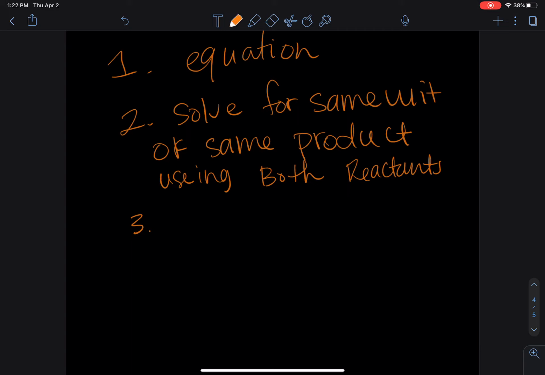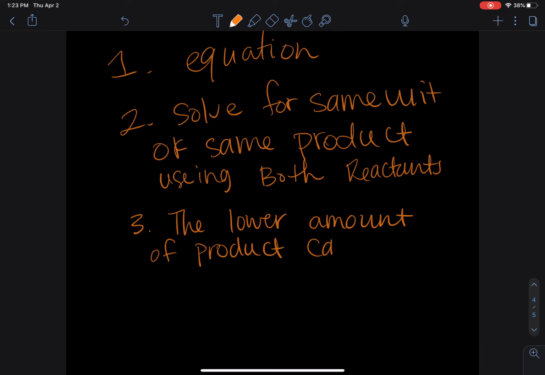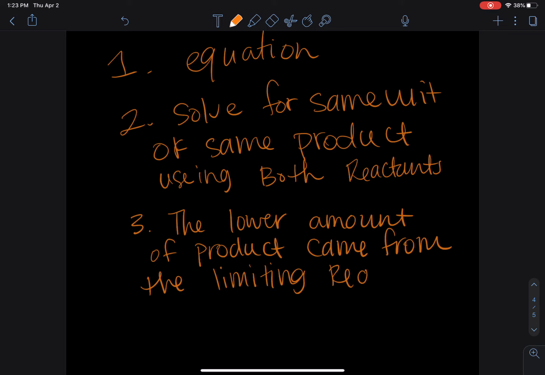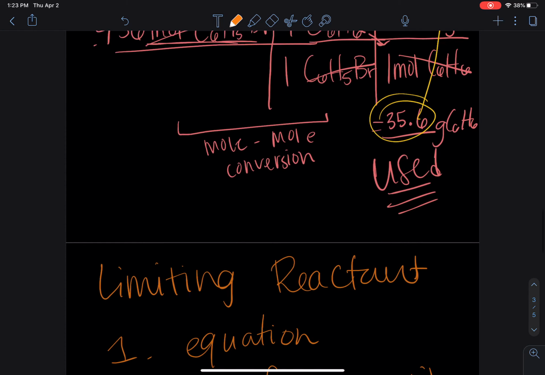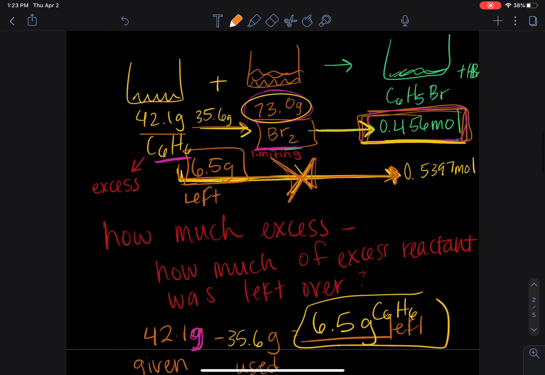Step three is to find what your limiting reactant is. The lower amount of product came from the limiting reactant. So you're going to find the lower amount of product, and that tells you which one was the limiting reactant.